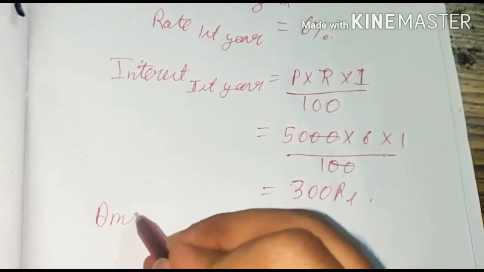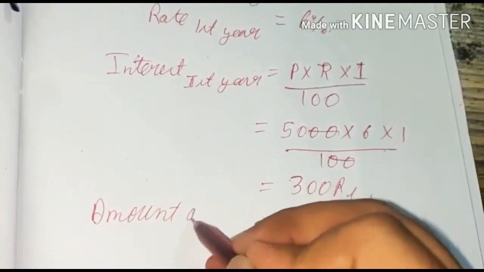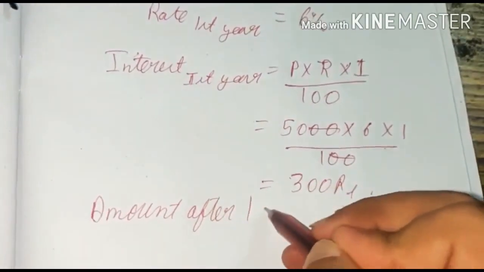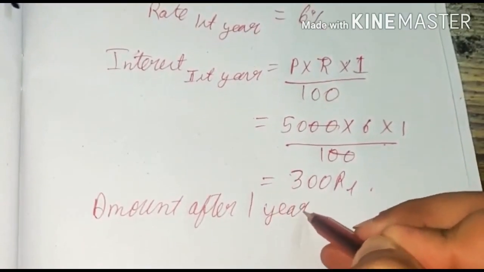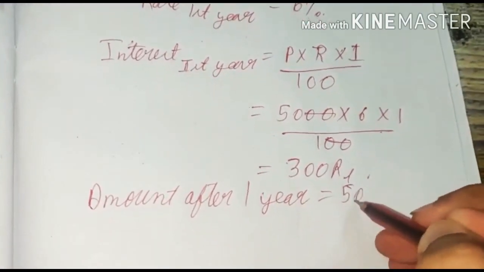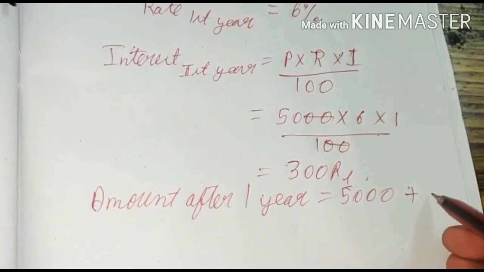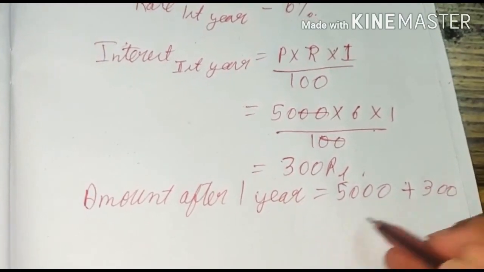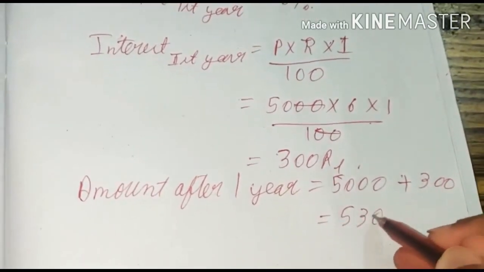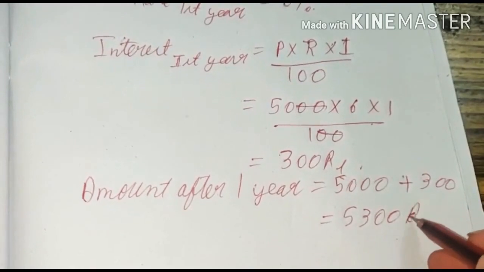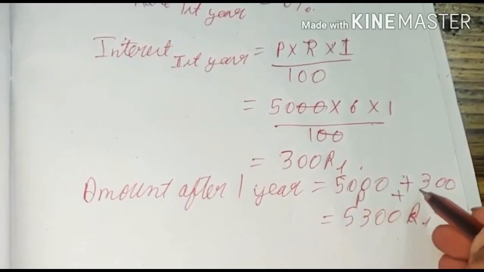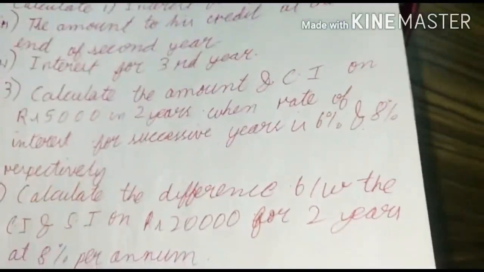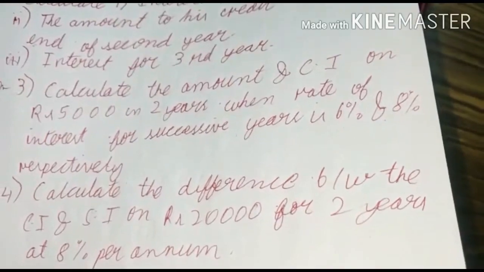So amount after 1 year will be 5,000 principal plus interest, that is 5,300 rupees. This is principal plus this is interest. Okay, what does the question say further? The second year rate of interest is 8%.